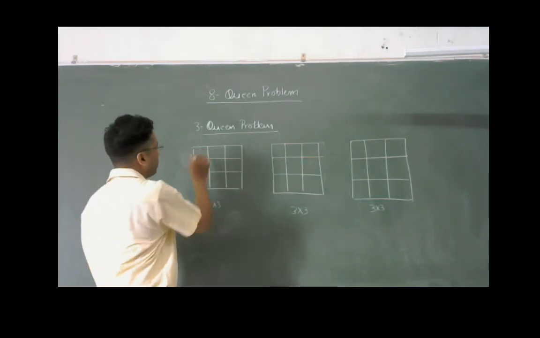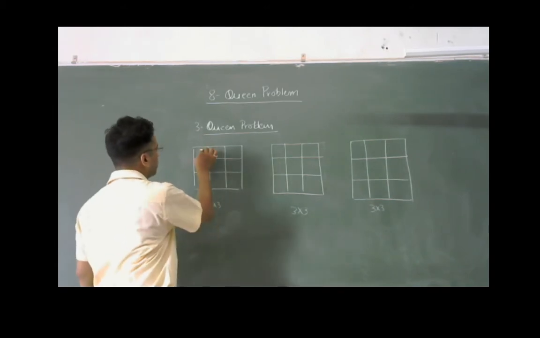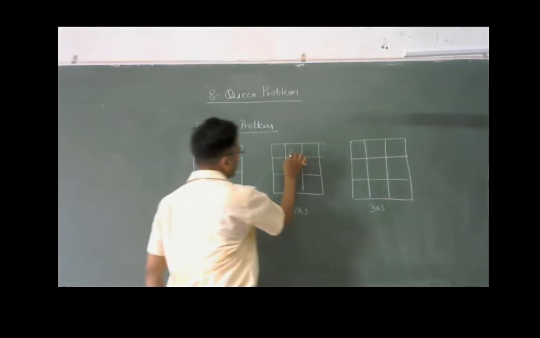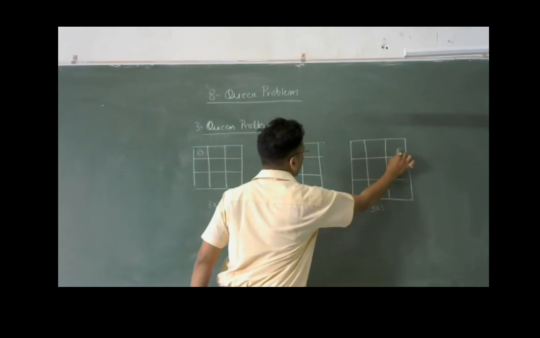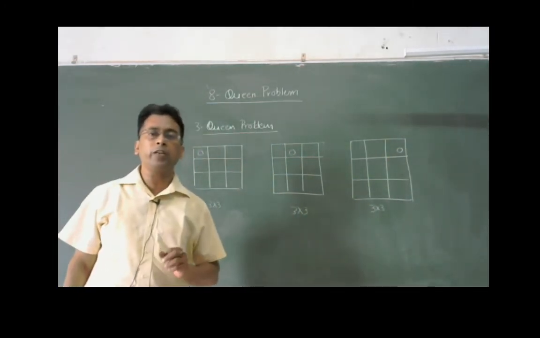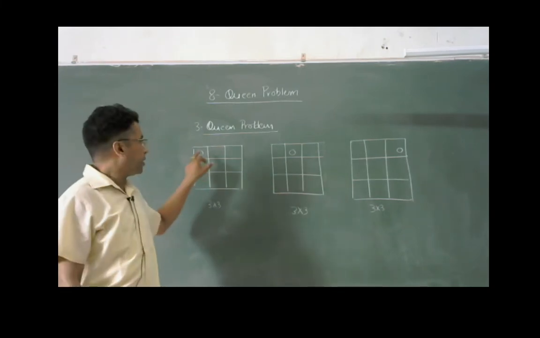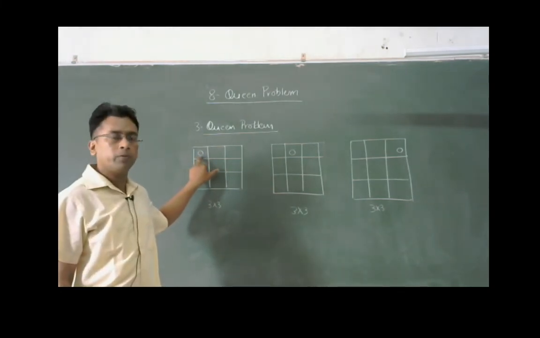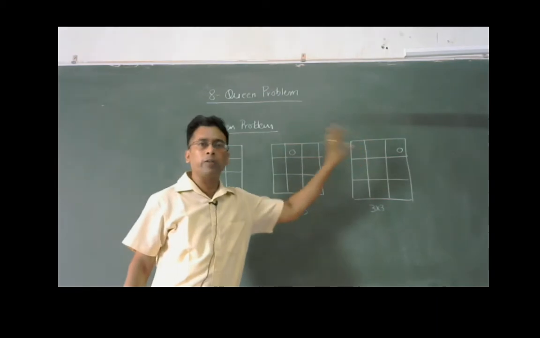Suppose we are placing our first queen in the first row, then there are three possibilities: first, second, or third. In the first row, there are three possible situations in which we can place our queen: 1 1 position, 1 2 position, or 1 3 position.